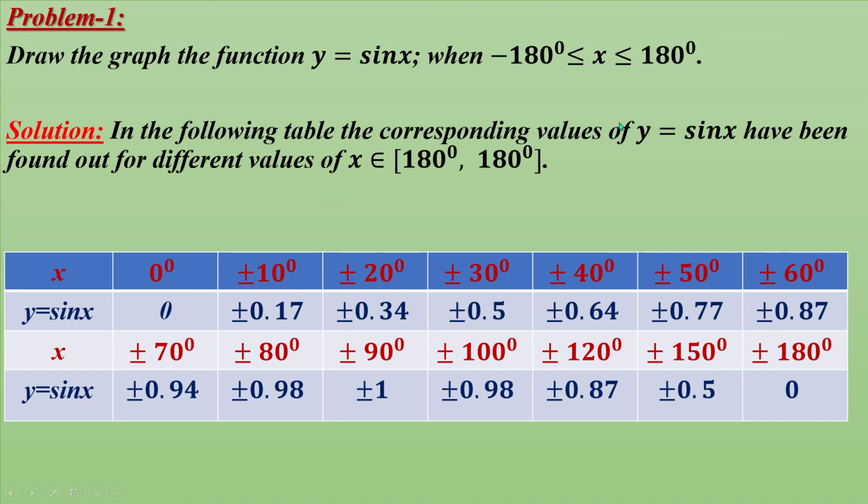So sin 0 degrees equals 0, sin 10 degrees equals plus 0.17, and sin minus 10 degrees equals minus 0.17. And like this we have to find the other values, and you will get these values. Clear? By using a calculator you will make a table, no problem.